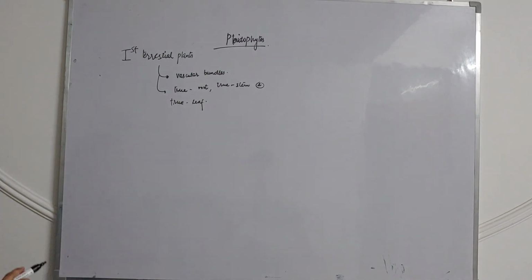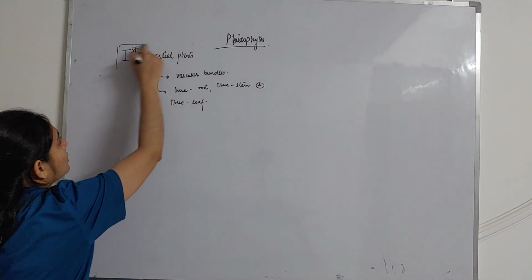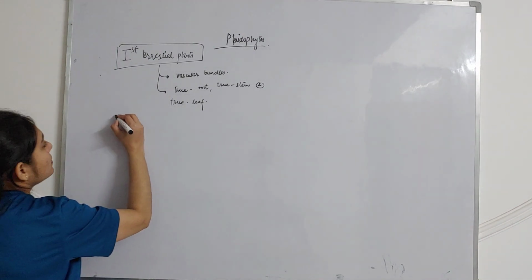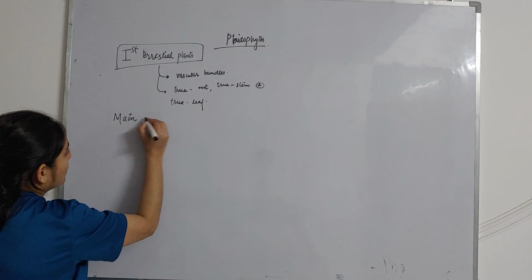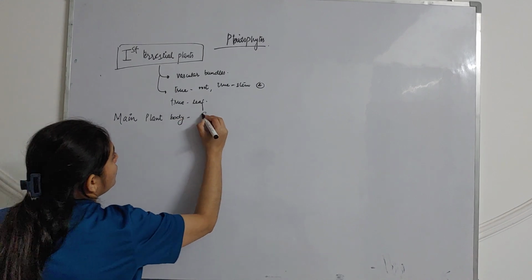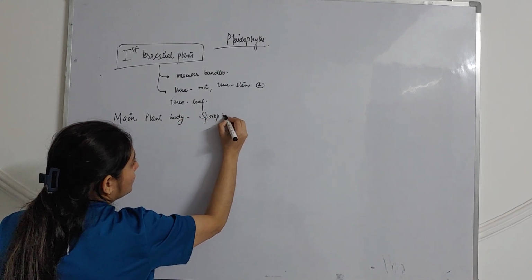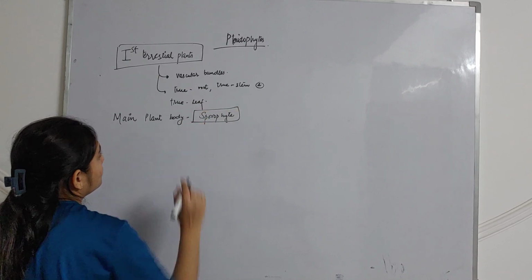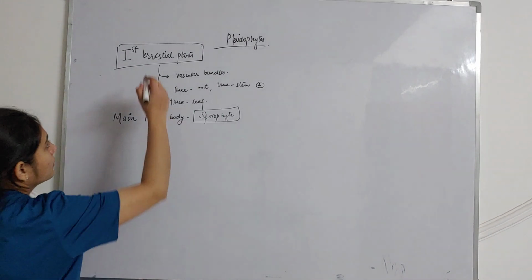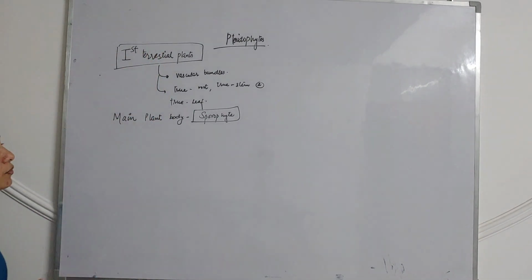So this is the basic definition of pteridophytes: first terrestrial plants having vascular bundle, and true root, stem and leaf are present, and the main plant body is sporophyte. Main plant body is sporophyte.